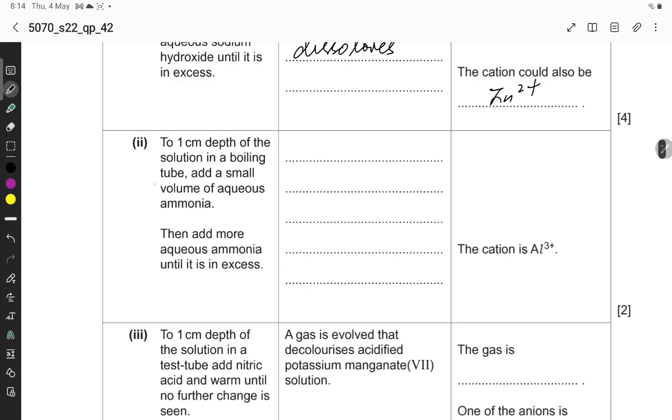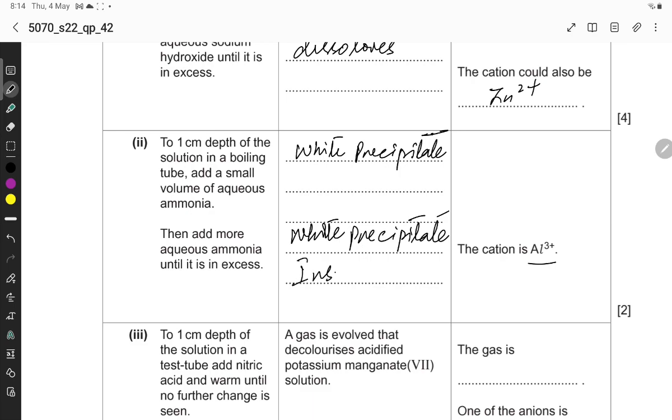To 1 cm depth of solution in a boiling tube, add a very small amount of aqueous ammonia. The cation is aluminum, a white precipitate forms. Then add more aqueous ammonia until it is in excess. The white precipitate is insoluble.